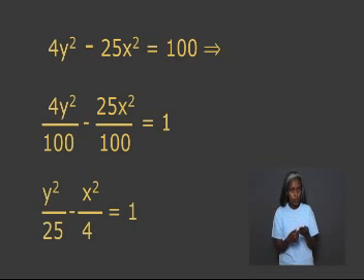Therefore, the equation of the hyperbola is y squared over 25 minus x squared over 4 equals 1.